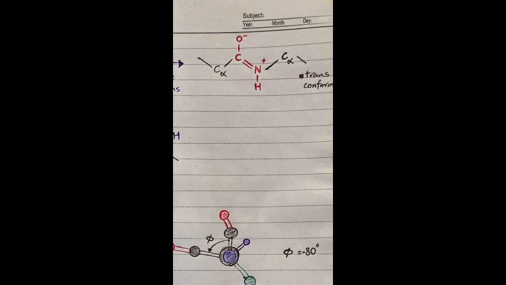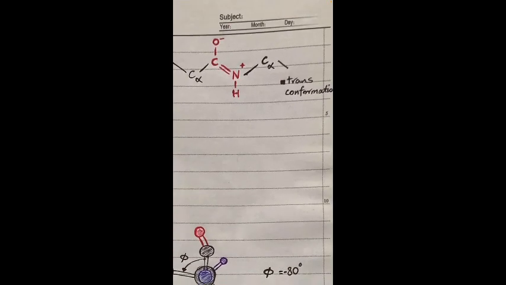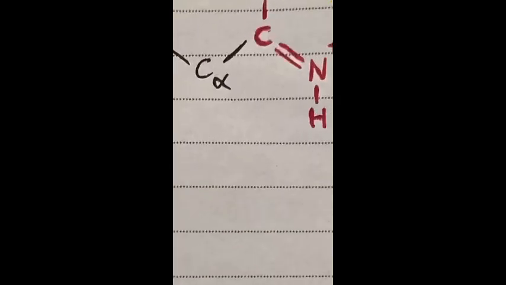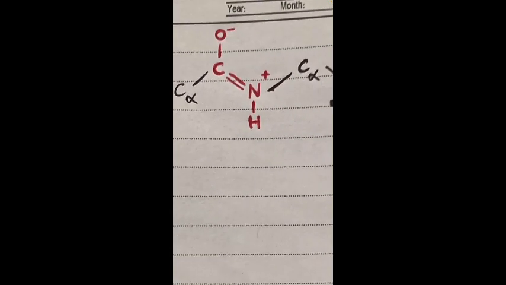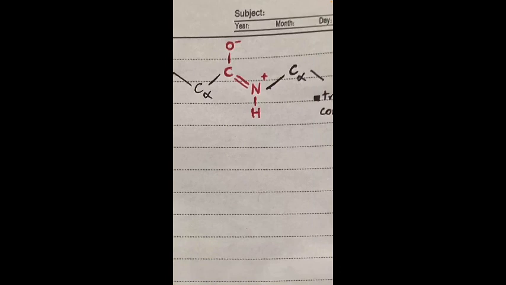Another interesting fact about peptide bond is that the peptide group is almost always in trans conformation. And we can show this in two ways. Number one, two successive alpha carbon atoms are on the opposite side of the peptide bond.